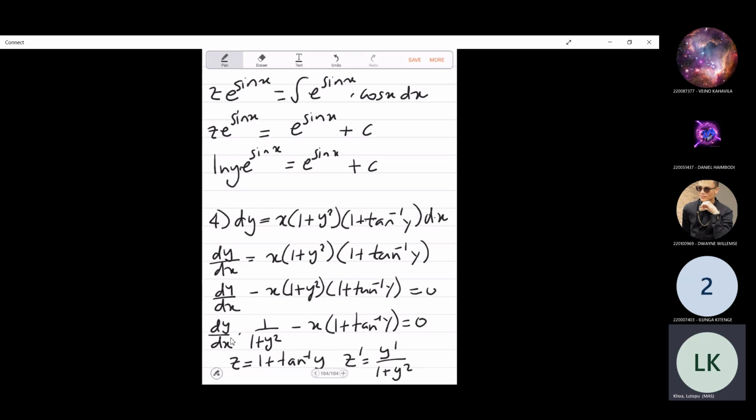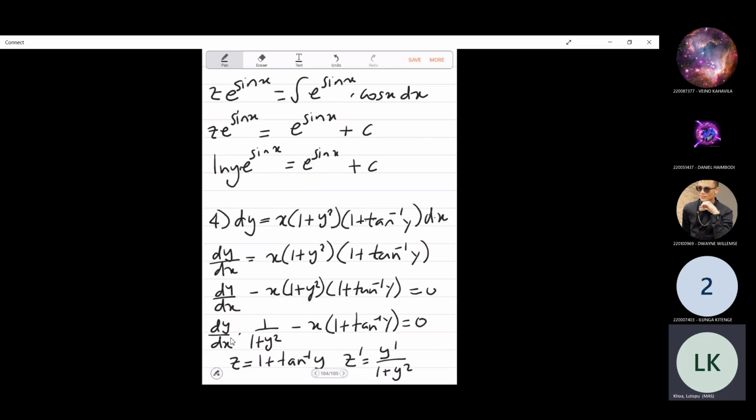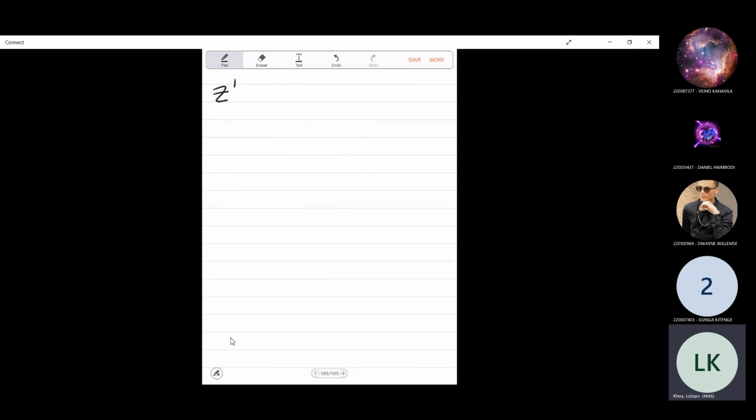And then we make our substitution. We have z prime minus xz is equal to 0.